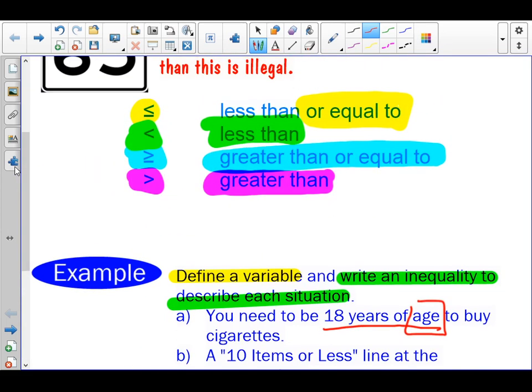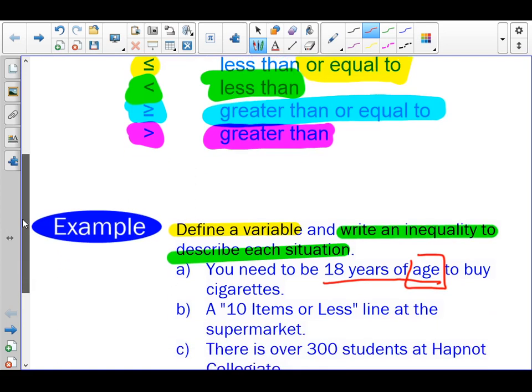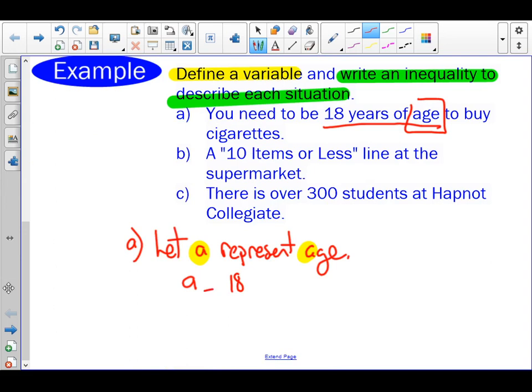Which of these four inequalities make sense? Well, if you can be 18 and buy cigarettes, then the equal to is definitely here. Now think about this. Can a 17-year-old buy cigarettes legally? Can a 19-year-old buy cigarettes legally? Of course, it's the 19-year-old that can. So the inequality here is going to be A is greater than or equal to 18.